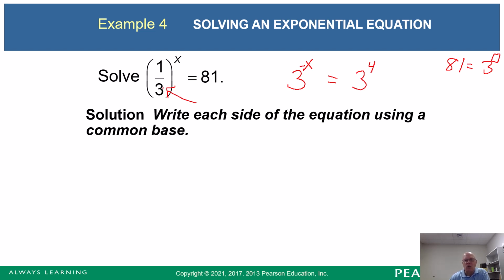Now, you want to solve this. One of the properties is, if we've got a base to, say, the x power, and it's equal to the same base to the y power, that means x and y are the same. We'll use that property up here, and that means the negative of x equals 4.